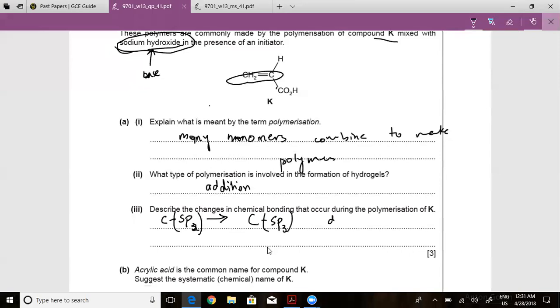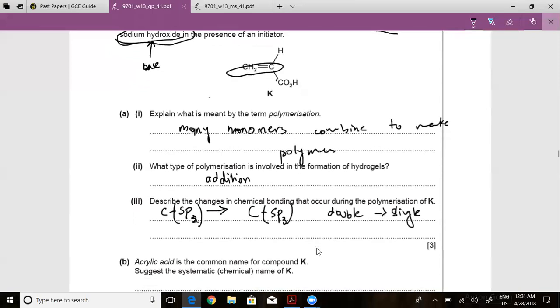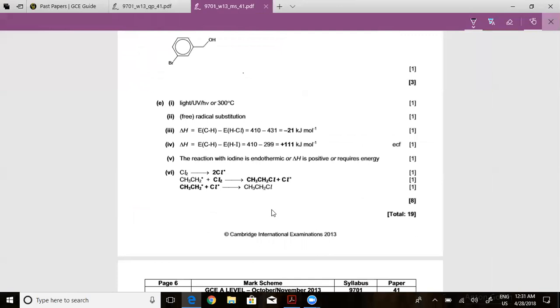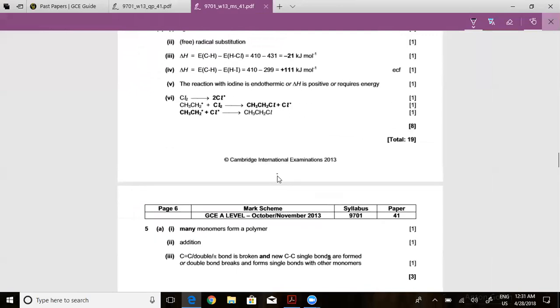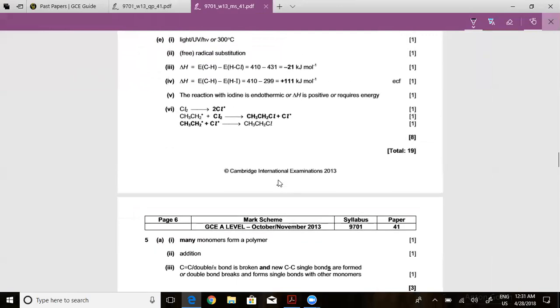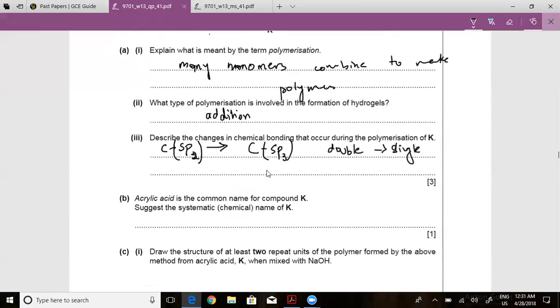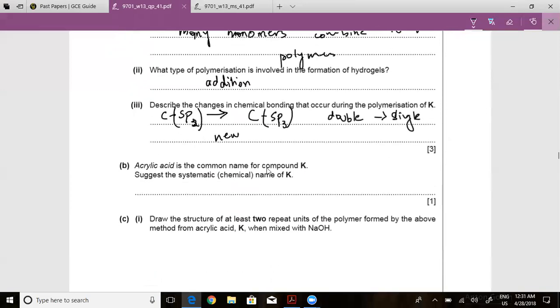This is double to single, right? And the bond length will also increase a bit. The changes that occur are that the COO minus is formed, the pi bond is lost, and new single bonds form. That's all they want. So it's literally that simple.